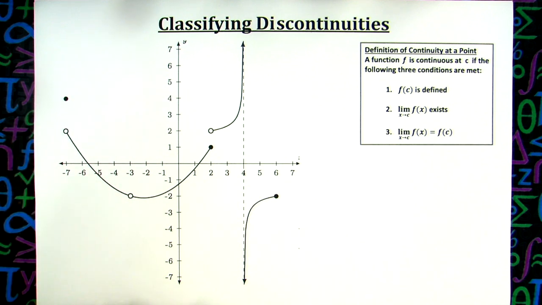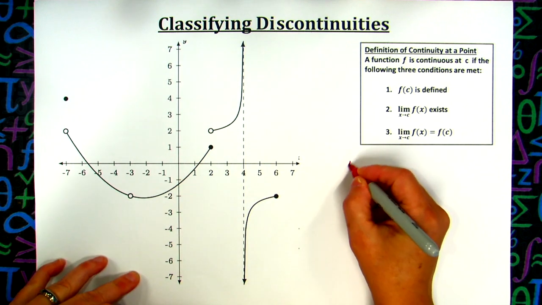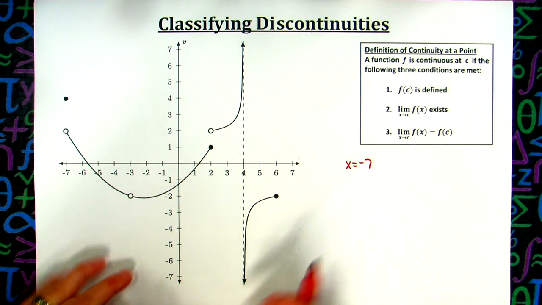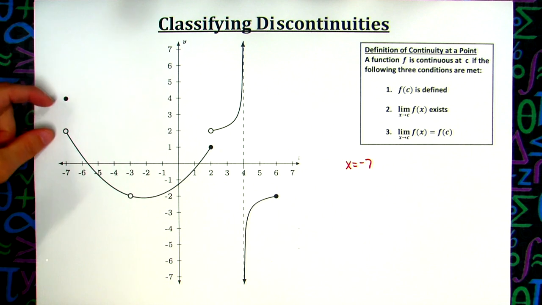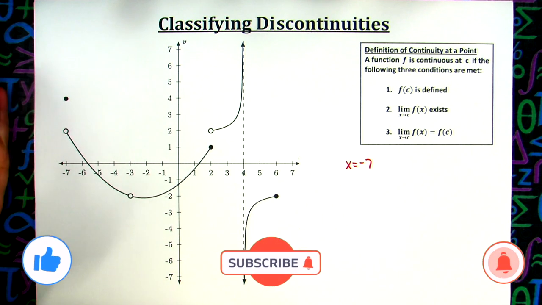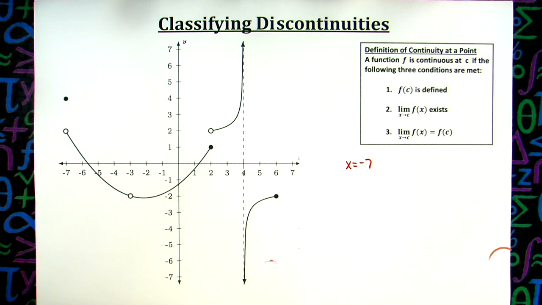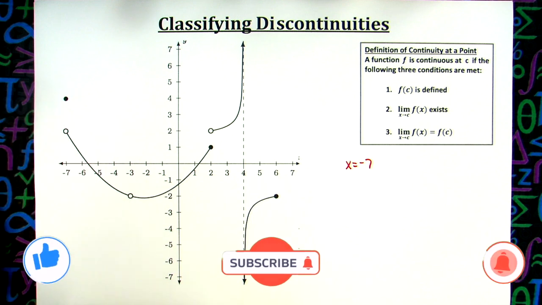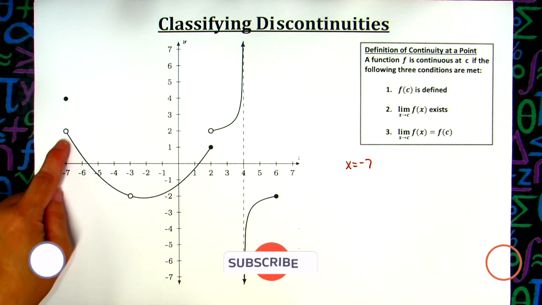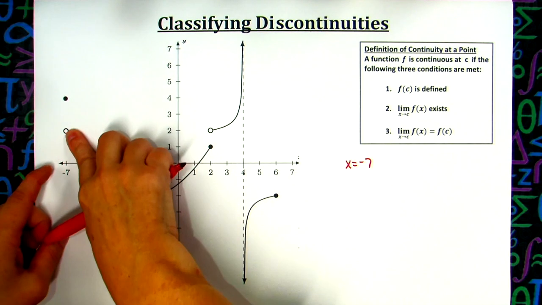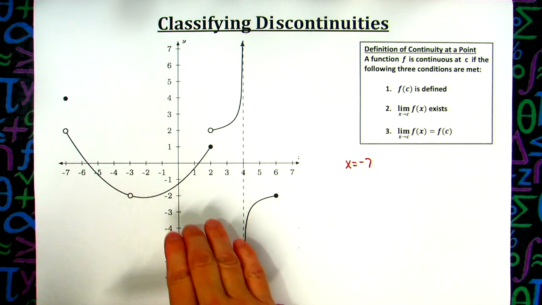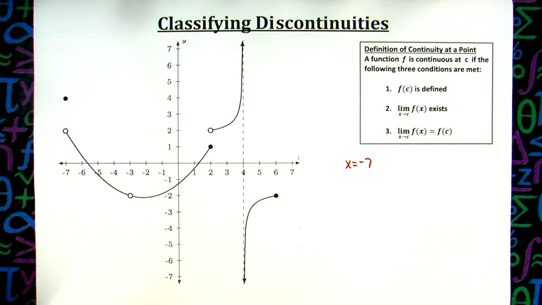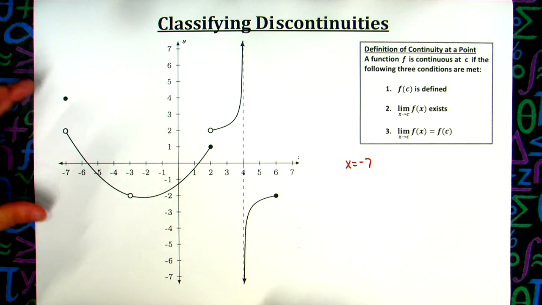So at x equals -7, let's write that down because that's my c value. What do we have going on here? Clearly the function is not defined to the left of -7. My limit's not going to exist here because coming from the right, it is defined as 2, but coming from the left, the function is not defined. So clearly we've got a discontinuity going on here.